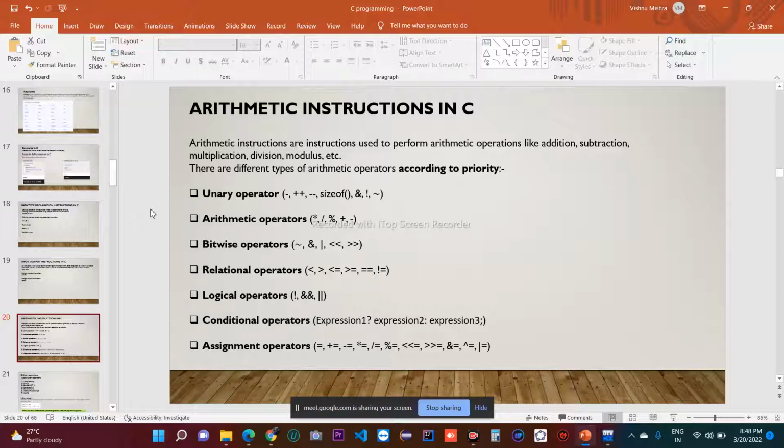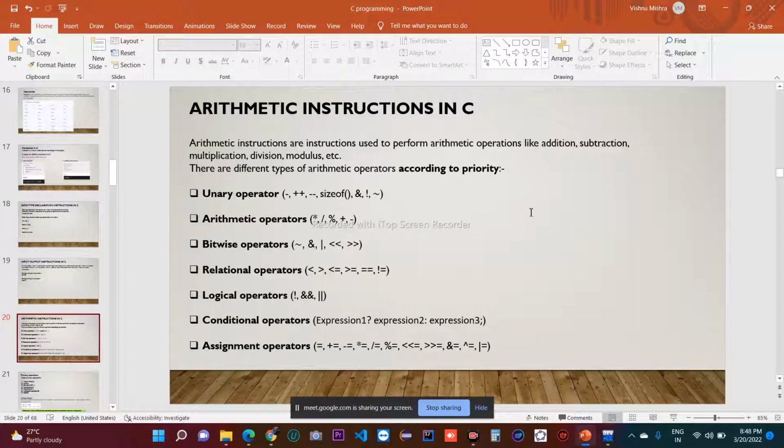Now let's come to arithmetic instructions. These are the different types of operators in C. First is unary operator, then arithmetic operators, then bitwise operators, then relational, logical, conditional, and at the last we have assignment operators. These operators have been written down in order of their priority. Priority means if we encounter more than one operator in an instruction, then the operator which has a higher priority will be executed first.